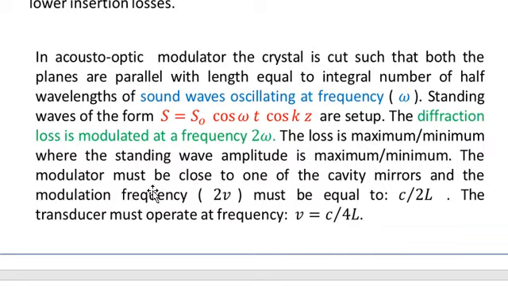The modulator must be close to one of the cavity mirrors, and the modulation frequency 2 nu or 2 omega, if you are talking about angular frequency, otherwise you talk about 2 nu, must be equal to c over 2L. The transducer must operate at a frequency nu, which is equal to c over 4L.